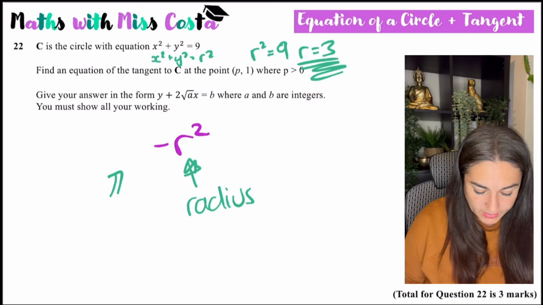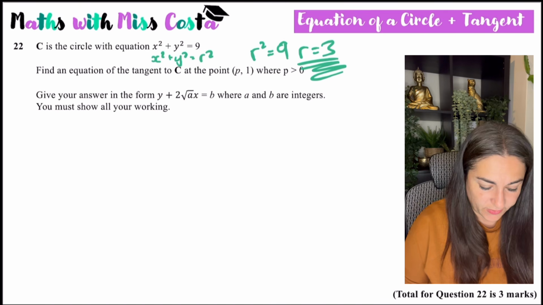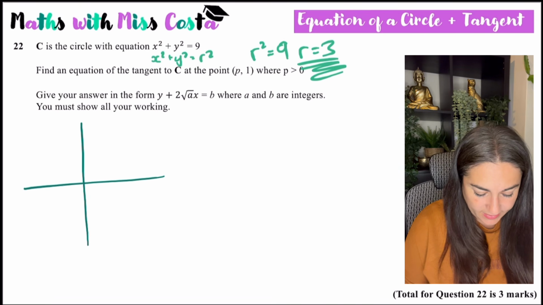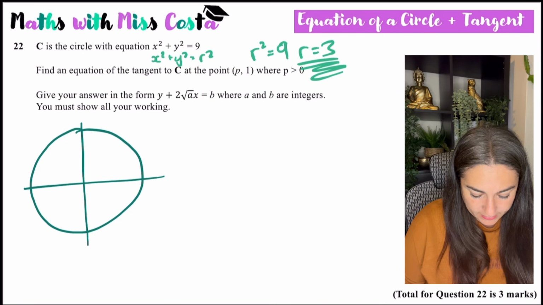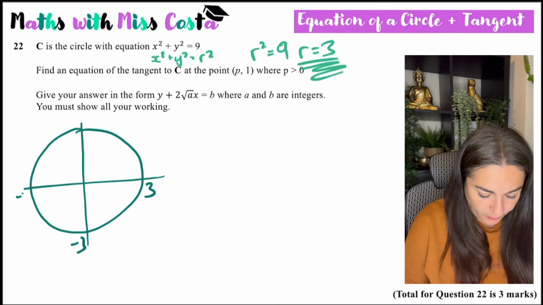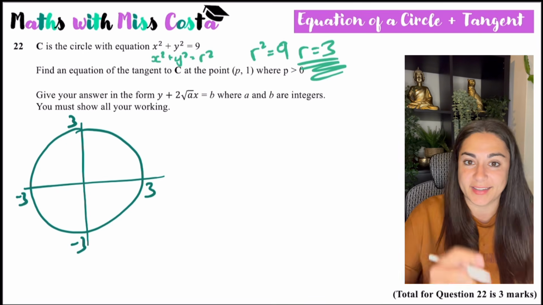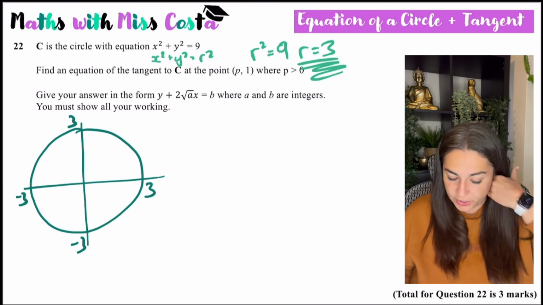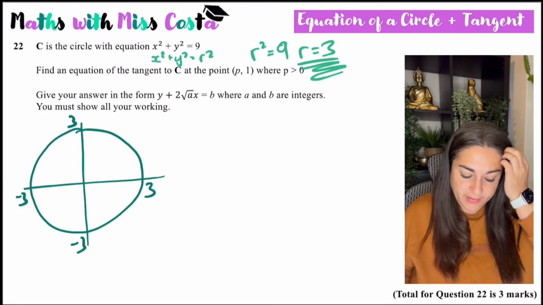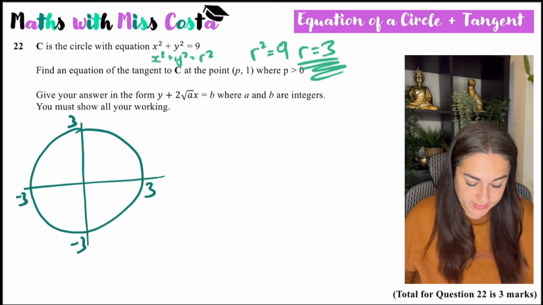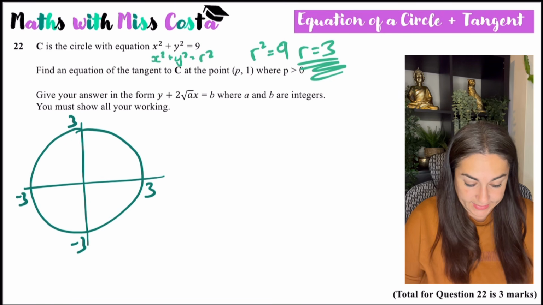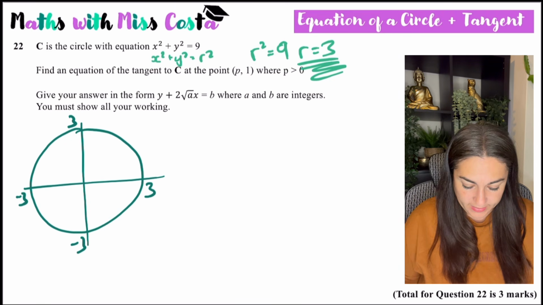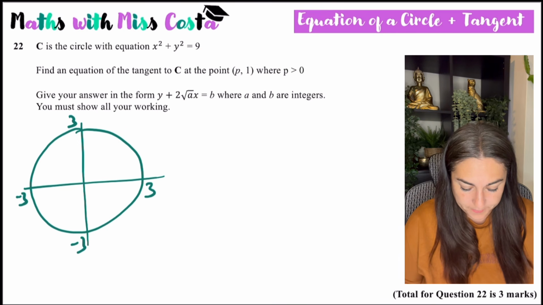So what I can do is draw myself a quick sketch to make life easier, so that I have something visual. I know that if the radius is 3 and the centre is 0, that is how the circle would look. It says find an equation of the tangent to C, and C is the circle, so we want to find the equation of a tangent at the point P1, where P is greater than 0.